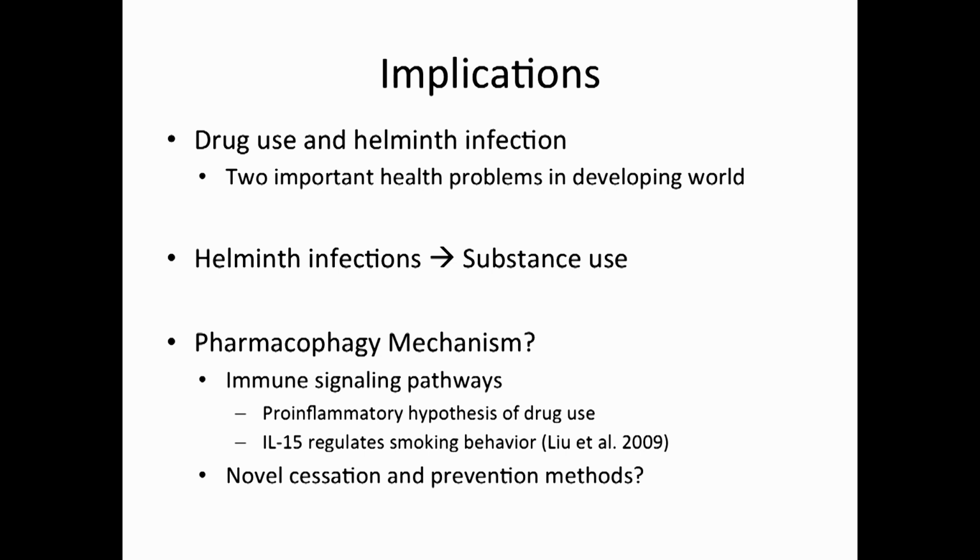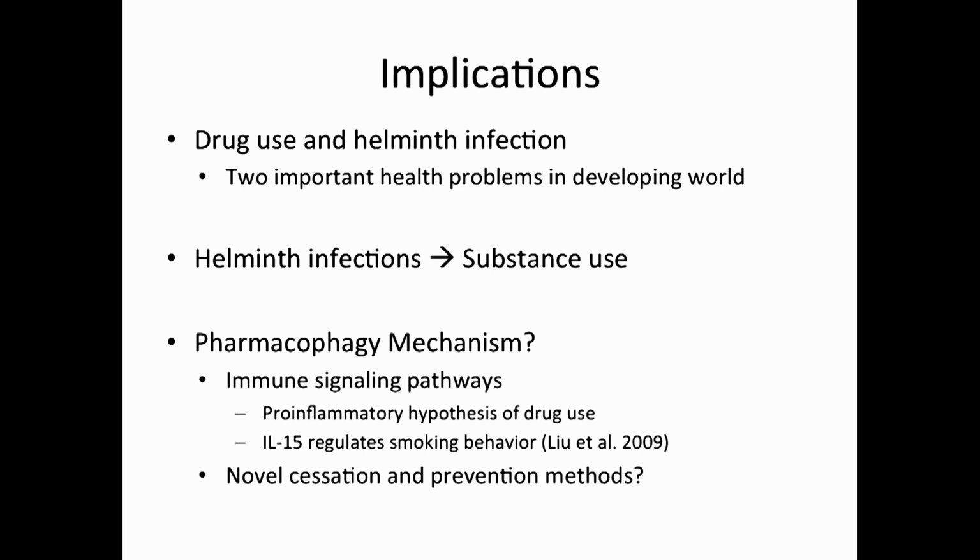Immunoglobulin E is an antibody that's really important for defense against macroparasites, like the macroparasites we're talking about in this study. And then there's a bunch of immune signaling molecules, cytokines and interleukins, which are important for synthesizing things like IgE. More and more we're understanding that a lot of these do regulate people's drug use behavior.